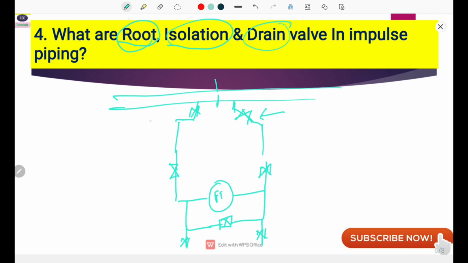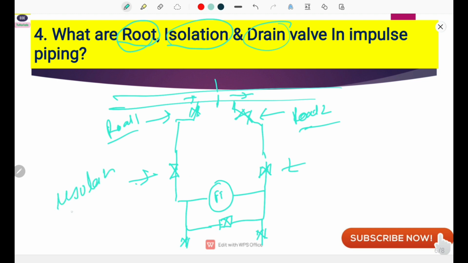The first two valves which are directly connected with the process line are called root valves. So these are the two root valves, and after the root valves, the valves which are installed are called isolation valves. So these are the first isolation valve, second isolation valve, and these are the drain valves.